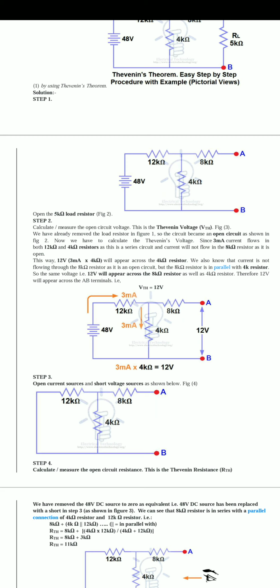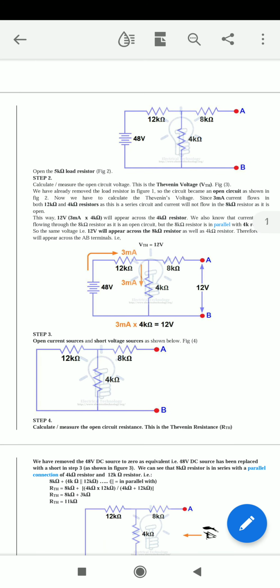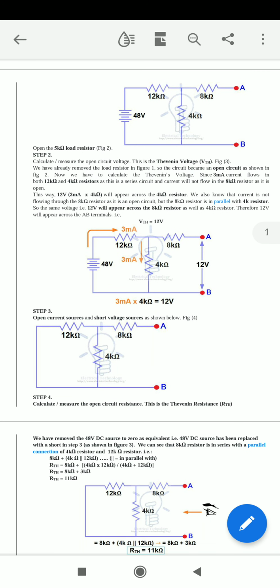Because the 8 kilo ohm resistor cannot pass current, since points A and B are open. 12 kilo ohm and 4 kilo ohm resistors are considered as series resistance, because no current flows on the 8 kilo ohm resistor.